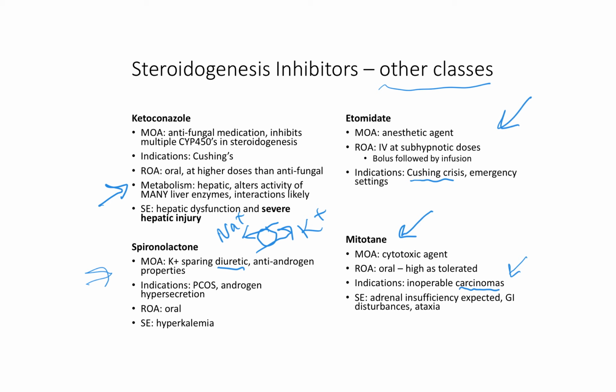Turns out, not only is that area in the body responsible for mineralocorticoid activity, it's also responsible for its anti-androgenic properties. Spironolactone is given to treat acne at a higher dose than it would be for diuretics.